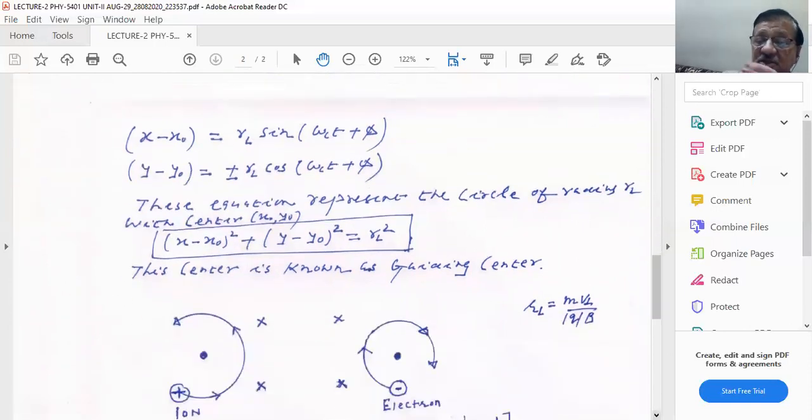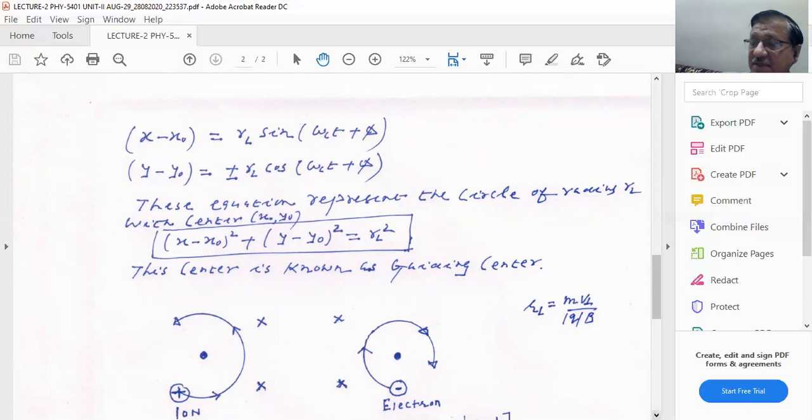The guiding center is x0, y0. I said that your electron and ion will gyrate about the field line. Omega c decides how fast a particle is gyrating.